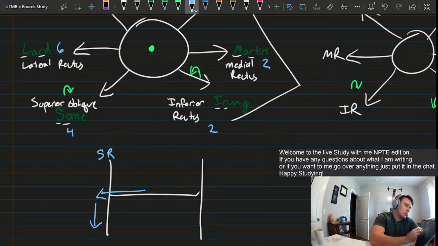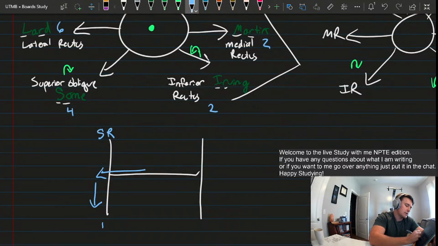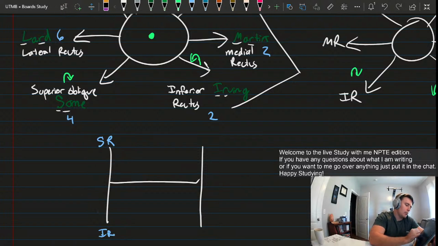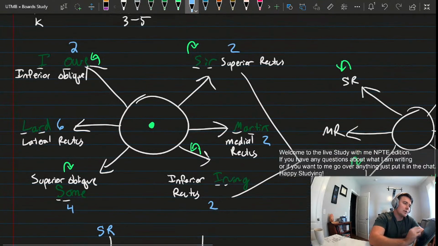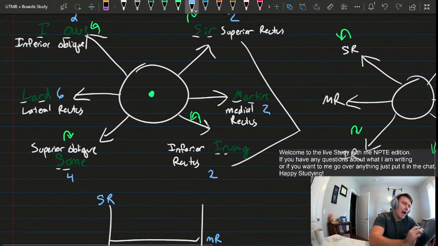So instead of using the superior oblique here to bring the eye down, you're actually going to use the inferior rectus. Same thing on the medial, so right eye, medial side, this is going to be the medial rectus. To go up, it's not going to be the superior rectus because that's going to be active insufficiency of the superior rectus. So you're actually going to use the inferior oblique there.